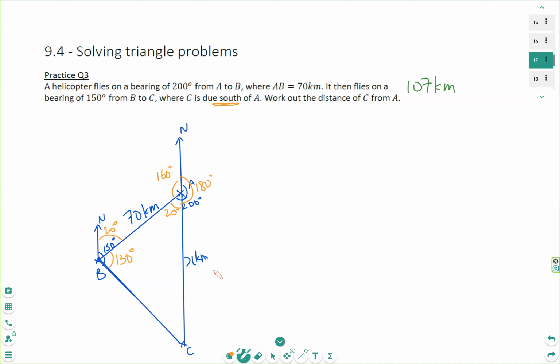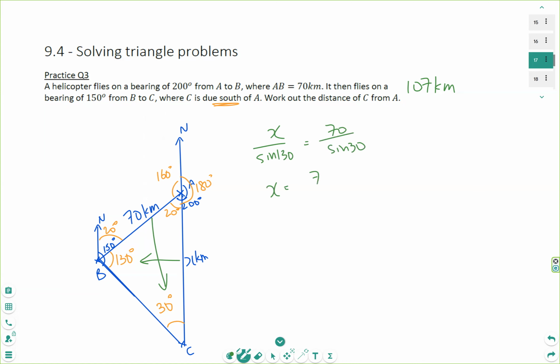To work out X, what can we do in here? Now I've got two angles, two lengths. We are thinking about the sine rule. But for the sine rule, I need to find this angle as well. But easy now, 130, 20, 150 from 180. This must be 30 degree. So sine rule: X over sine 130 degree equals 70 over sine 30.